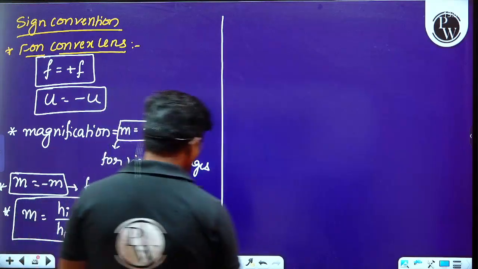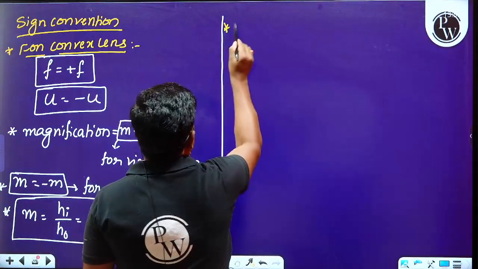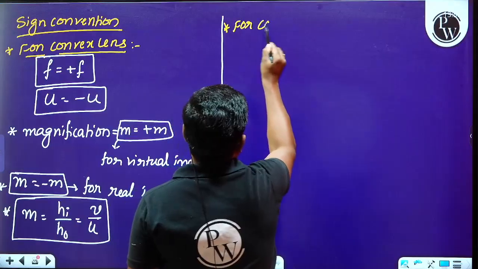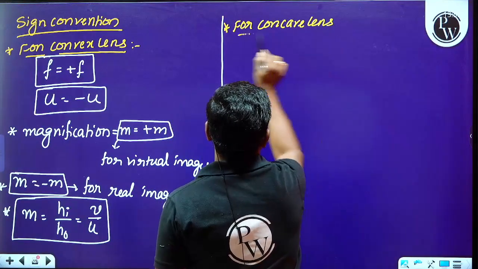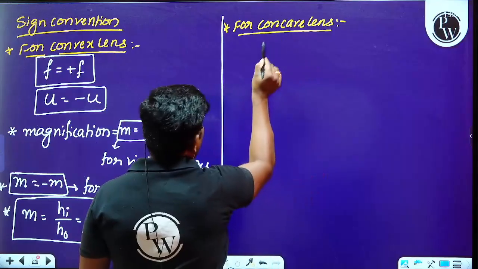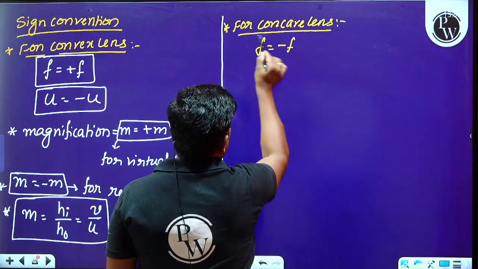And similarly for concave lens, we can say focal length is minus f.